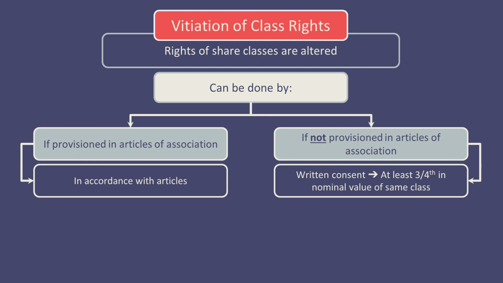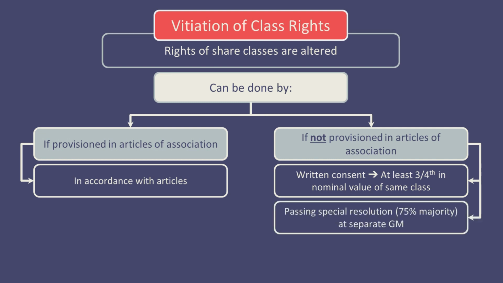Or by the members of that class passing a special resolution, which is a 75% majority at a separate general meeting. Then a copy of the resolution, called Notice of Particulars of Variation of Rights, must be delivered to Companies House.